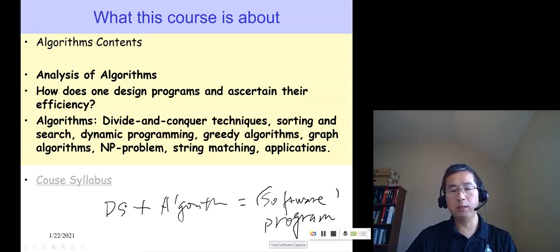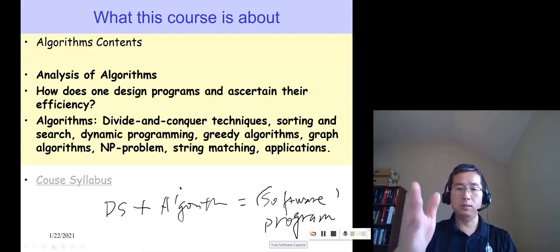It will be easy to process data. But to solve your problem, you still need information processing steps. Right? You will do sorting first, and then you will do maybe something else. Maybe it's a select, it's a search, maybe another one is to find the optimal things, so optimization. So these steps are the algorithm, okay?